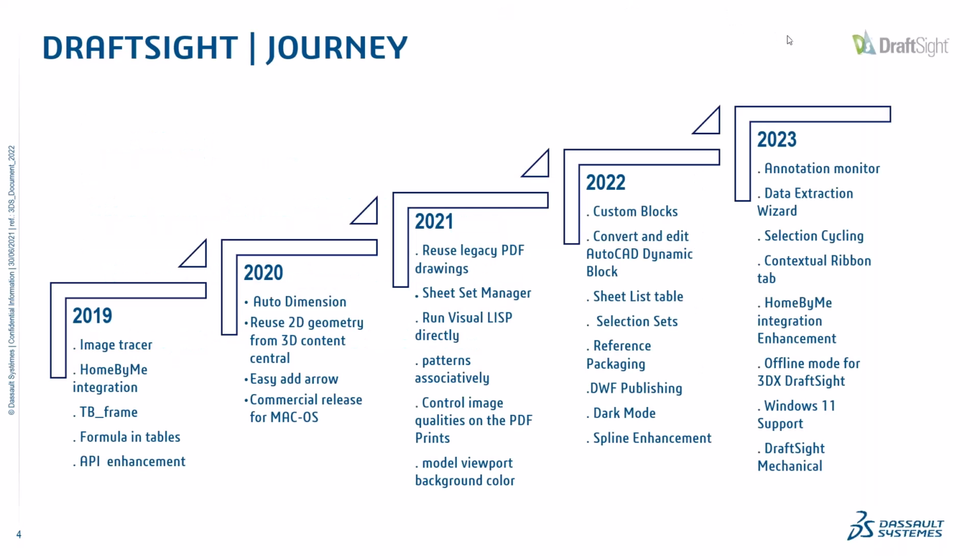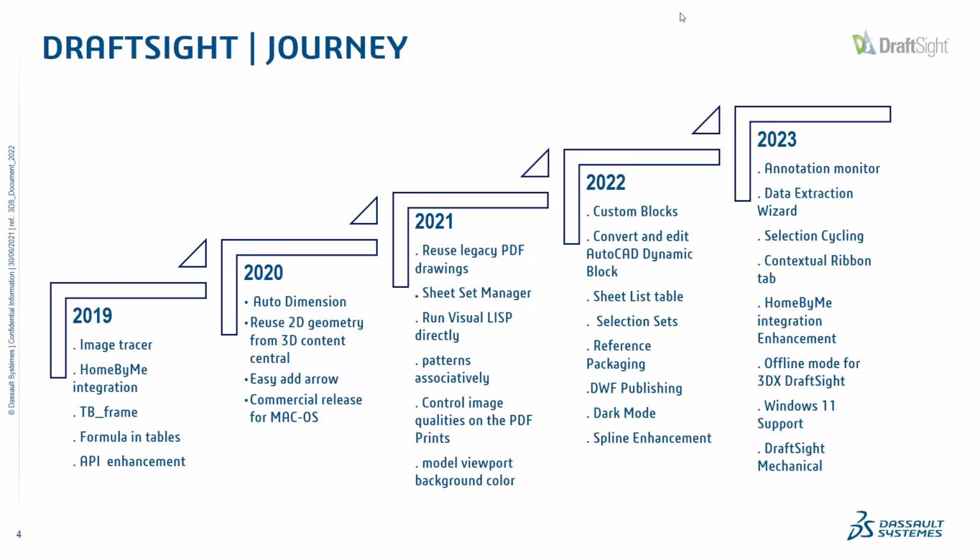DraftSight was commercialized in 2019, and since then we strive our best to give users a better experience and better functionalities that will help them simplify their work and improve productivity.